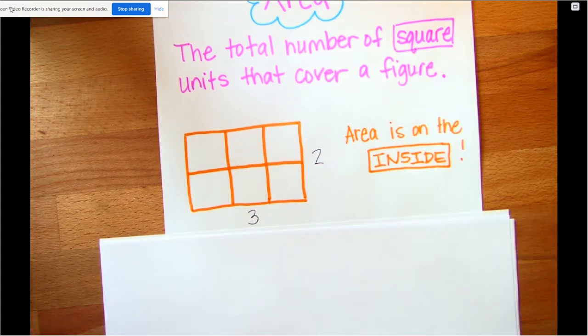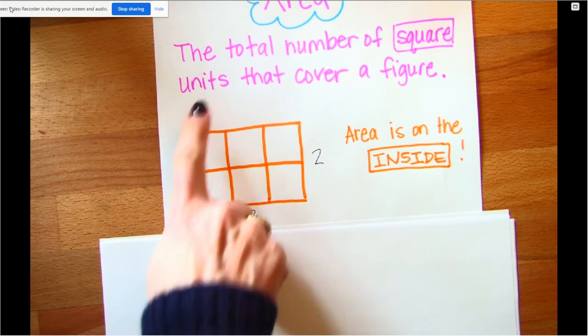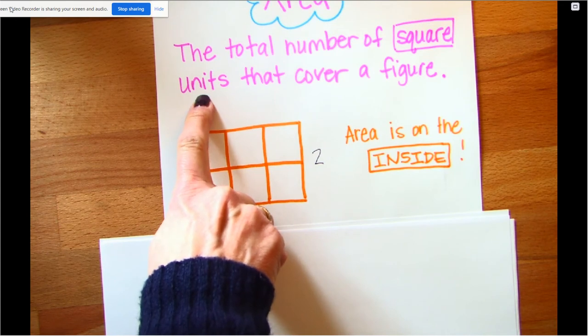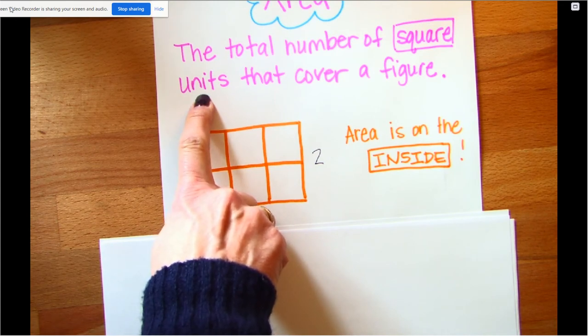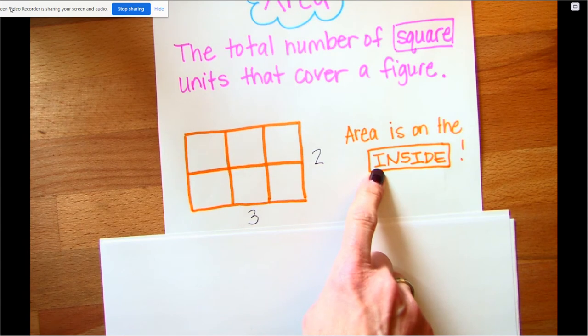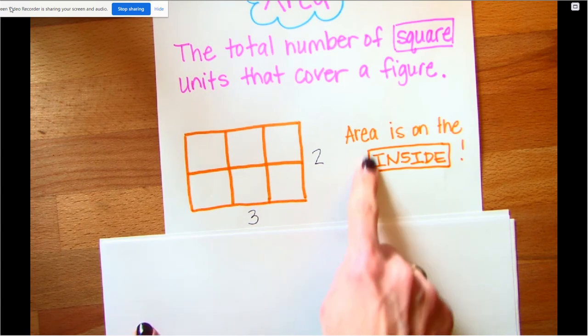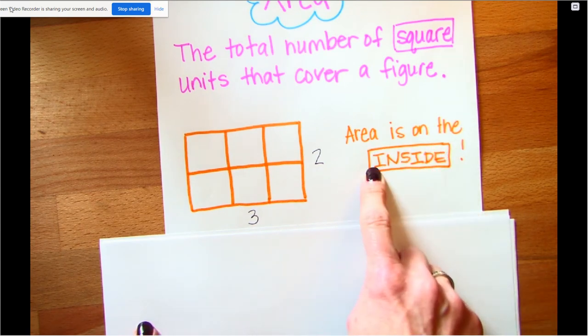Sometimes our units might be in centimeters or feet or meters. We have to pay attention to that label as well. If it doesn't give us a label, they're square units. You remember that the area is on the inside. I have the word inside a figure so that you can remember that.